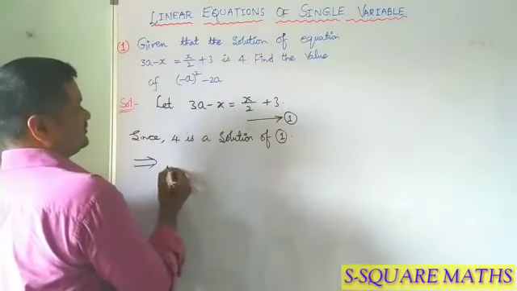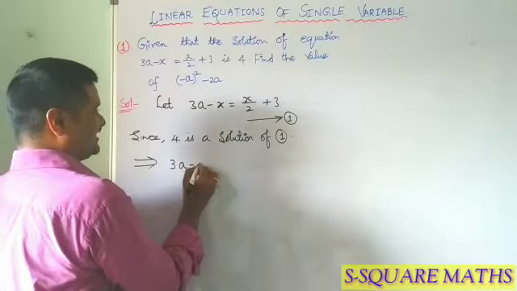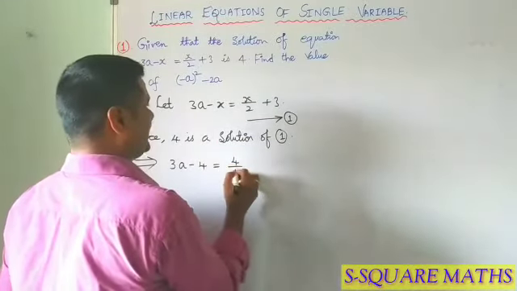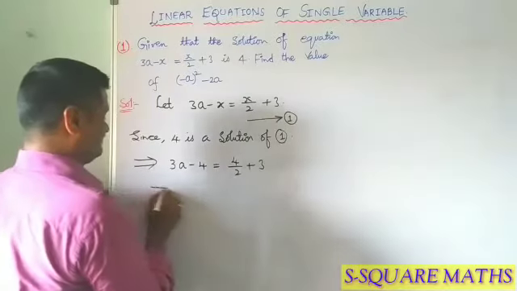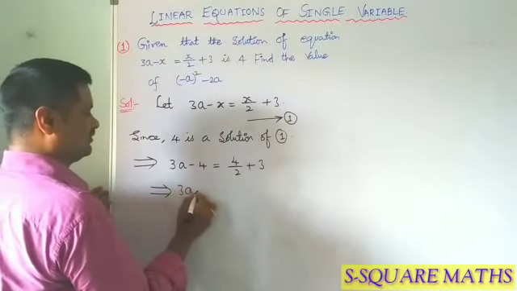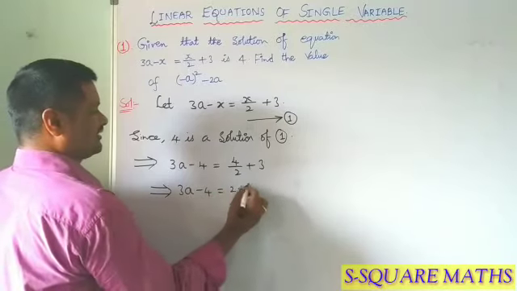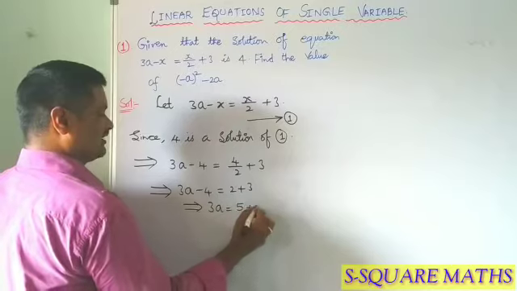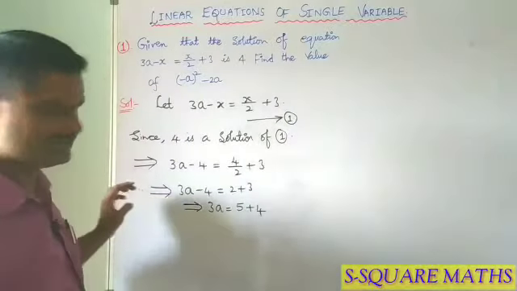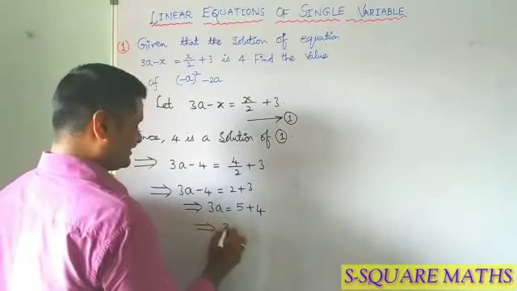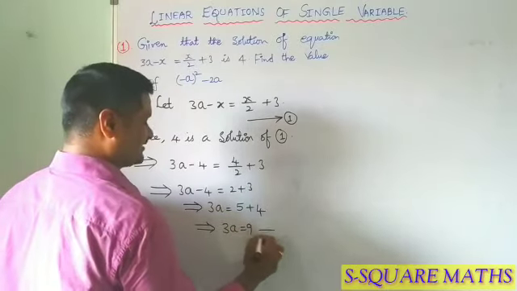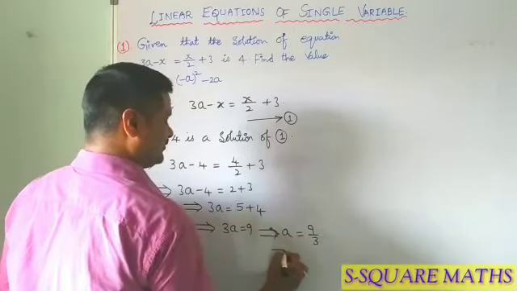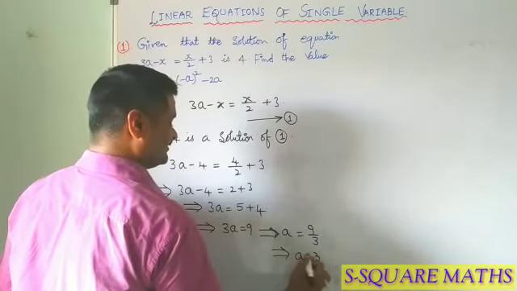So x is equal to 4 implies 3a minus 4 is equal to 4 by 2 plus 3. So 3a minus 4 is equal to 2 plus 3. Finally 3a is equal to 5 plus 4, transposing minus 4 to that side. So 3a is equal to 9, which implies a is equal to 9 by 3. So the value of a is 3.